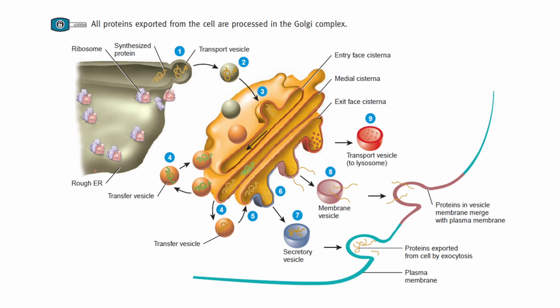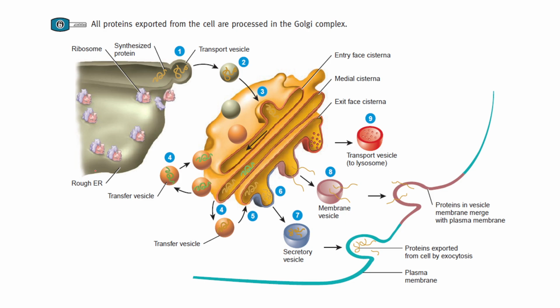These are also known as the transport vesicles. Now this transport vesicle moves towards the cis cistern. What is the cis cistern? It is the entry phase cistern through which the transport vesicle will enter inside the Golgi apparatus.